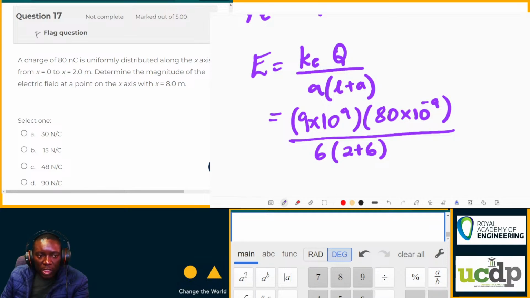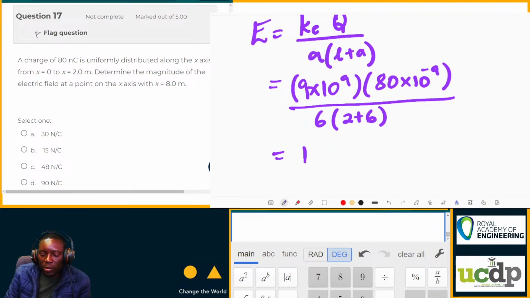It's 15. Wonderful. Thank you. We have 15 newtons per coulomb.